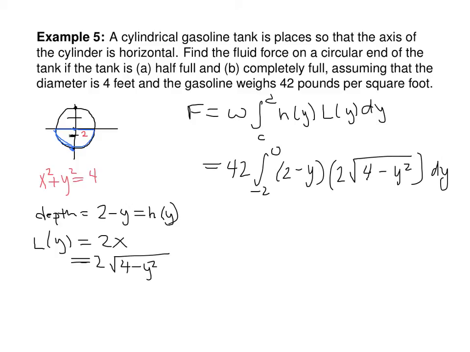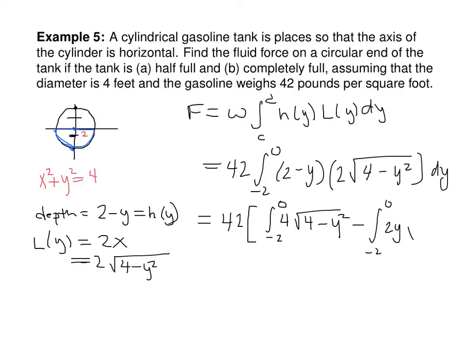And this, when I distribute, just like we did in the previous example, I have 42 multiplied by the integral from -2 to 0 of 4 root 4 minus y squared, minus the integral from -2 to 0 of 2y times the root 4 minus y squared dy. All right.